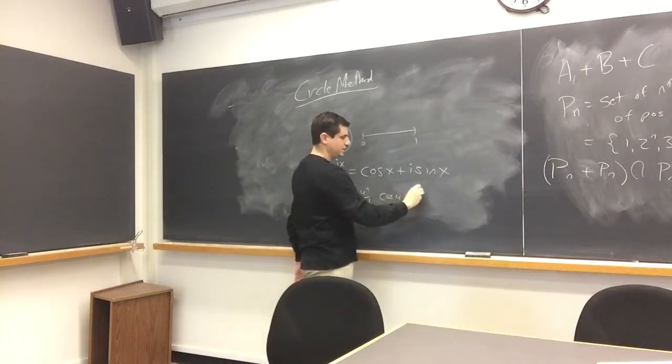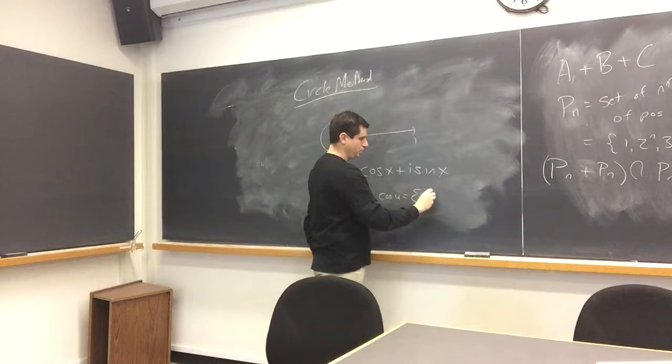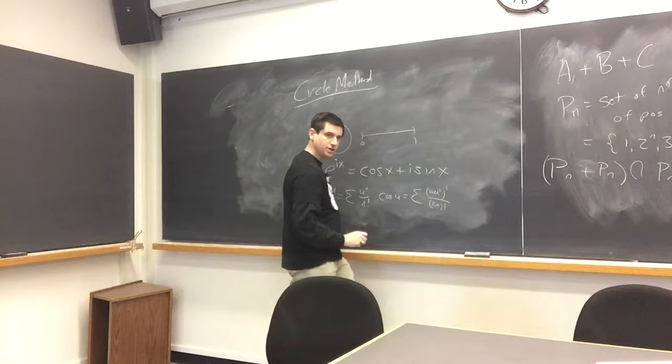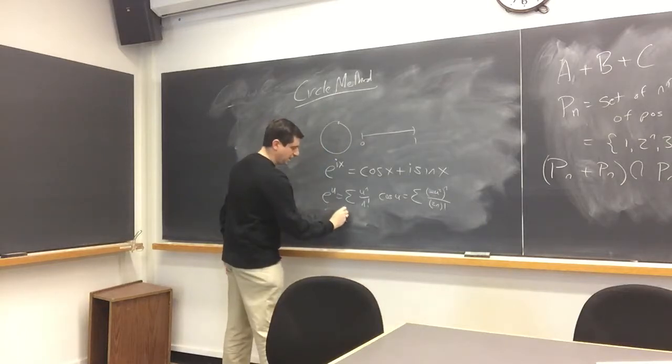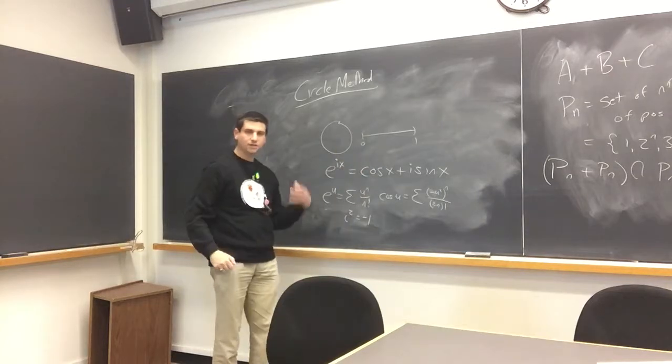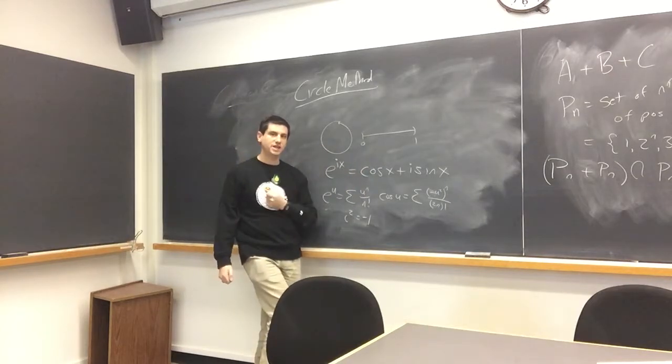Cosine of u is the sum of negative u squared to the n over 2n factorial. Similarly for sines, where i squared is negative 1. And when you do all of this, you end up getting the formula for e to the ix.